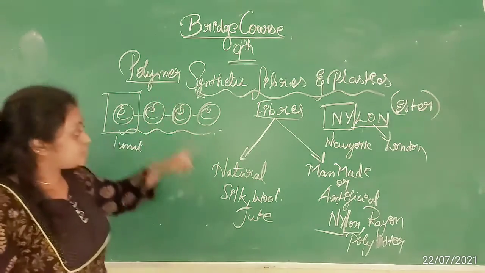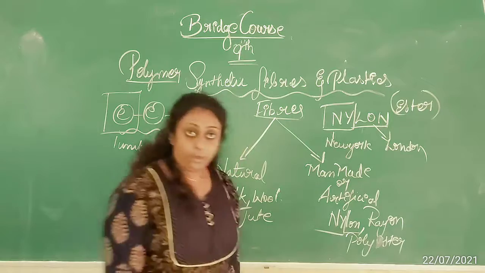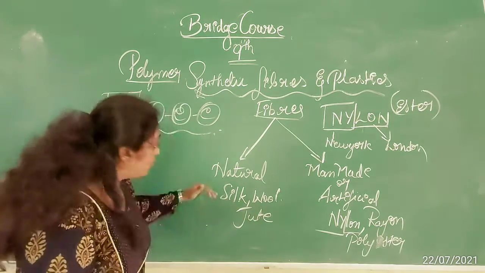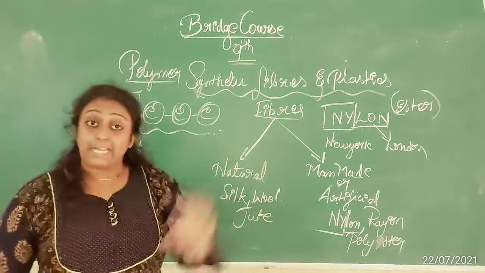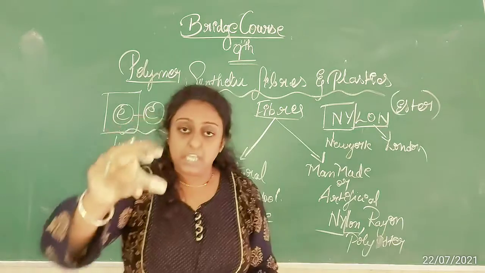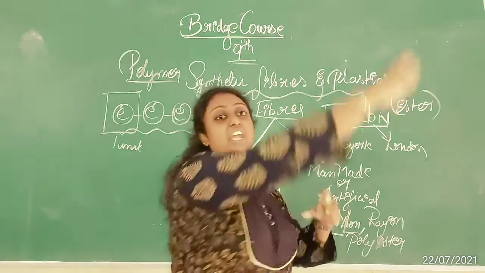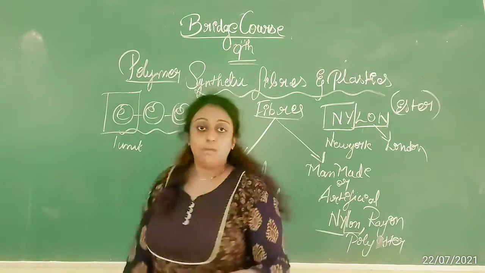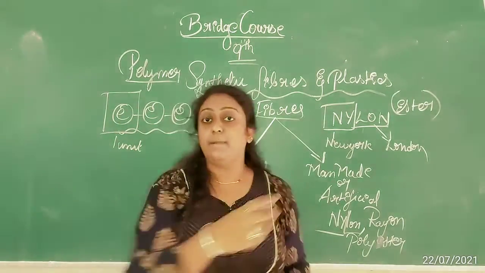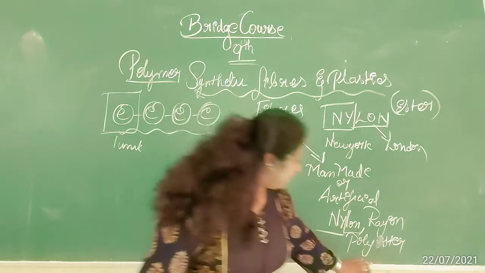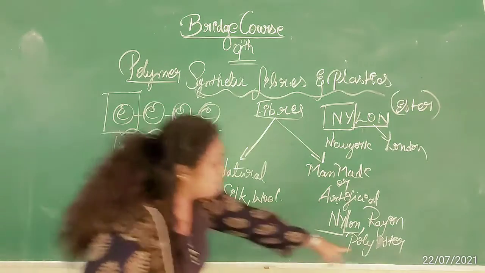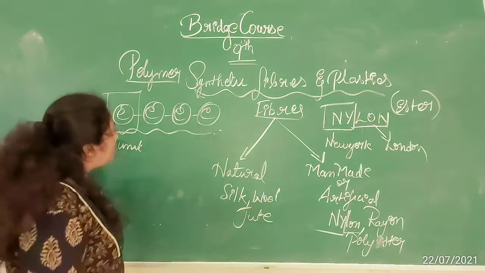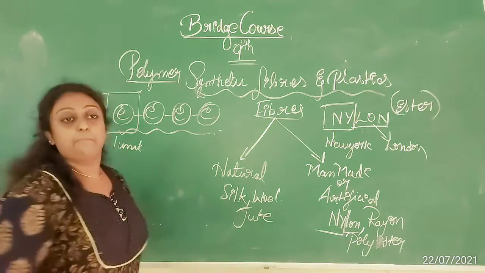The polymer goes for nylon, rayon also, and even silk, wool and jute. The single molecules you are making a chain of is said to be your polymer. Many units together make a polymer. But ester is, you are taking an ester molecule. The ester molecule making a chain is said to be your polyester.